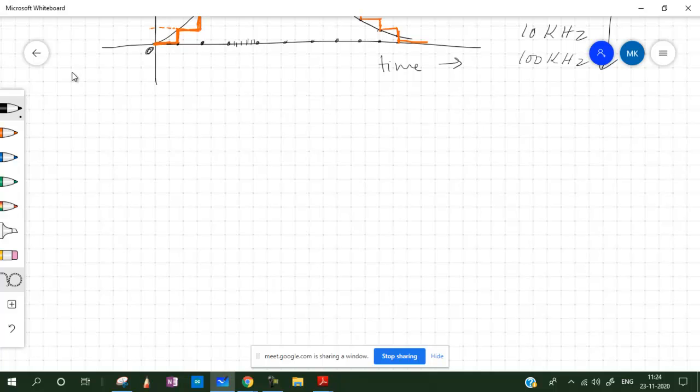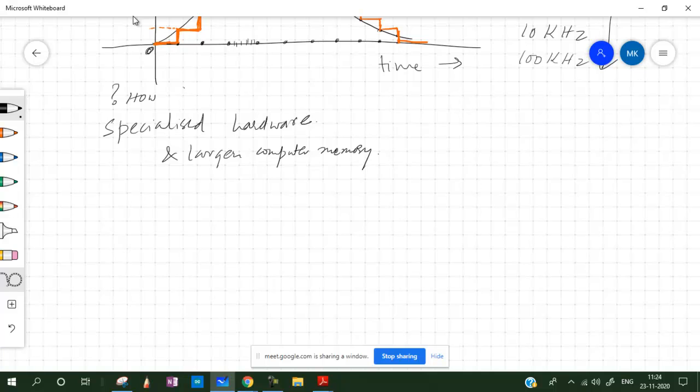All right, so the question would be how fast sampling can be done. You can go as fast as you want, but the problem would be the requirement of specialized hardware and maybe larger computer memory. So how fast sampling can be done is restricted by these two.